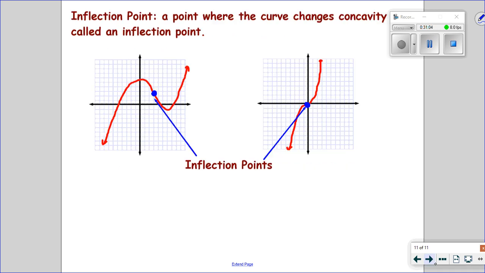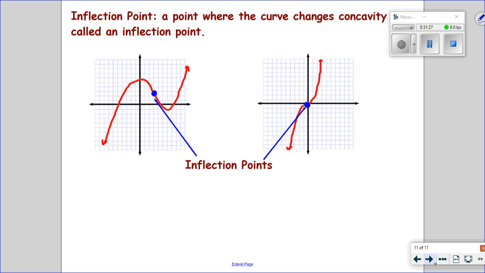Now, it is possible that the graph of a function changes concavity. So the function might be concave up on one interval, but then change to concave down. The point where the curve changes concavity is called an inflection point, okay?